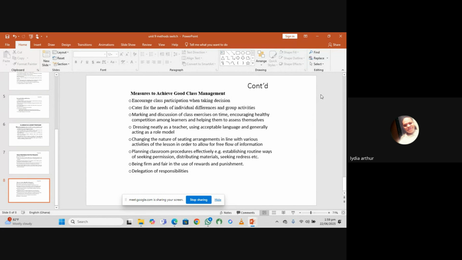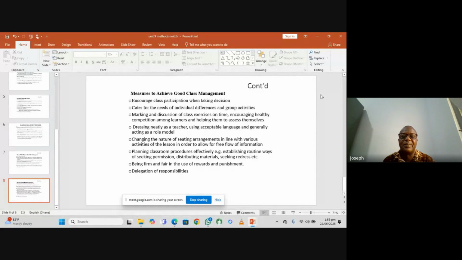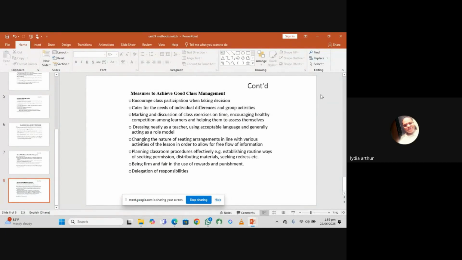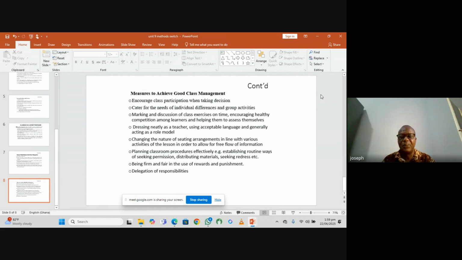So it's better you put all of them together in the same class. As we have discussed, when you ask a difficult question, you know who to direct it to. If you ask a simple question, you know who to direct it to. When you are putting them into groups, you know whether you are mixing the talented and the poor, or separating them and giving them different tasks. So it depends on how you handle it in the classroom.